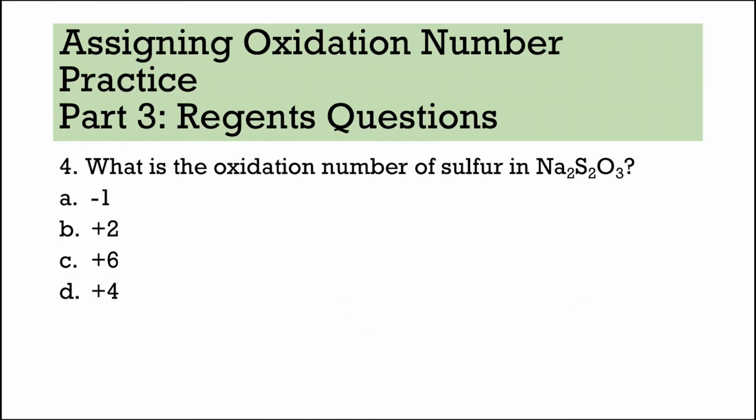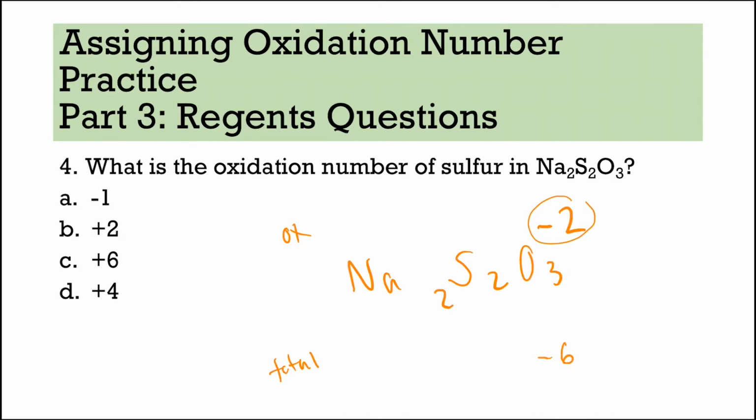Moving forward with this one. Again, I'm going to go through the short way. We have Na2S2O3, oxidation number, total. So oxygen is negative 2. If you have 3 of them, that's a total of negative 6.